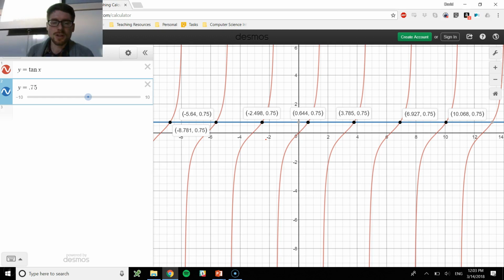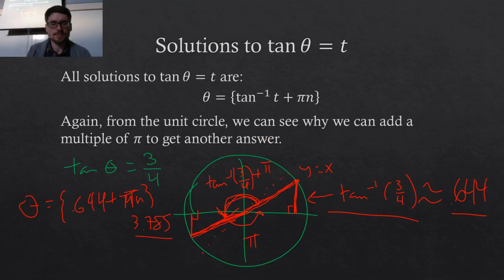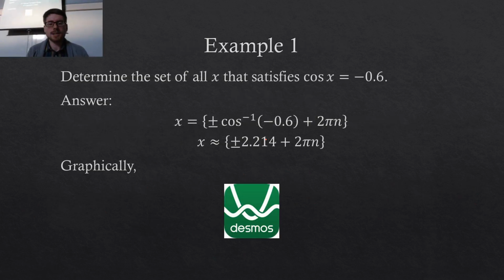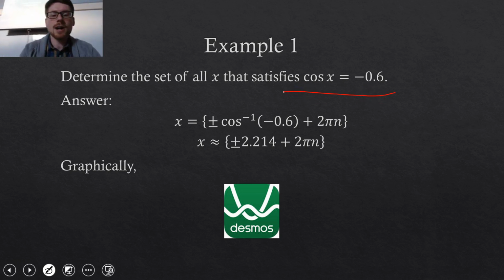Okay? So now we have a numeric way to evaluate these functions. Okay, let's look at an example. Simple example. We just want to find all the x that satisfy cosine x equals -0.6. We've already been doing these kinds of examples. If we plug that into the calculator, we will get plus or minus cosine inverse.